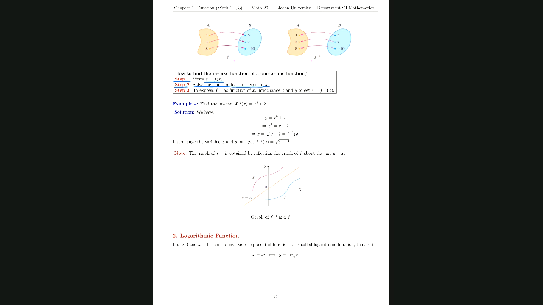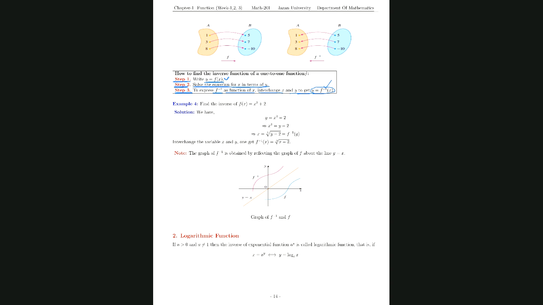And step 3: to find f inverse as a function of x, interchange x and y. At the last step, number 3, x and y change places. Interchange x and y, and then you will get f inverse of x.